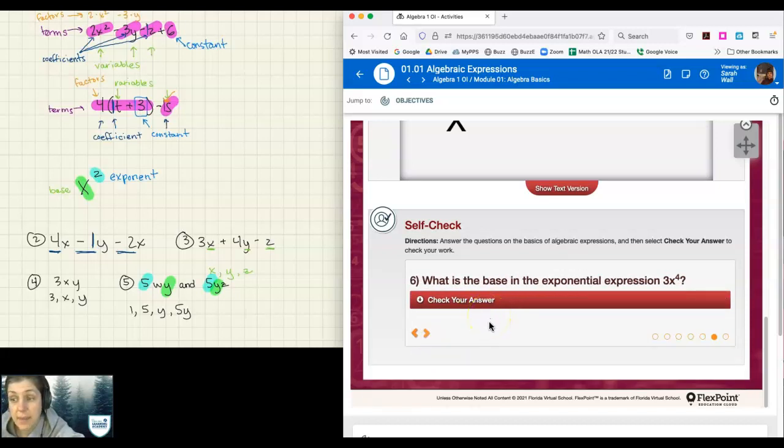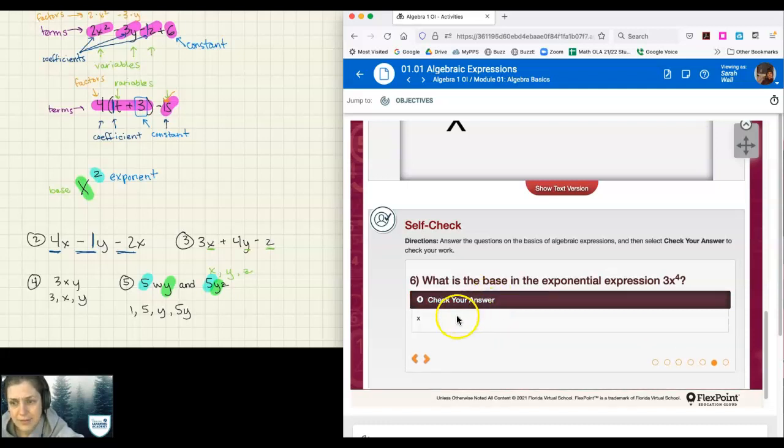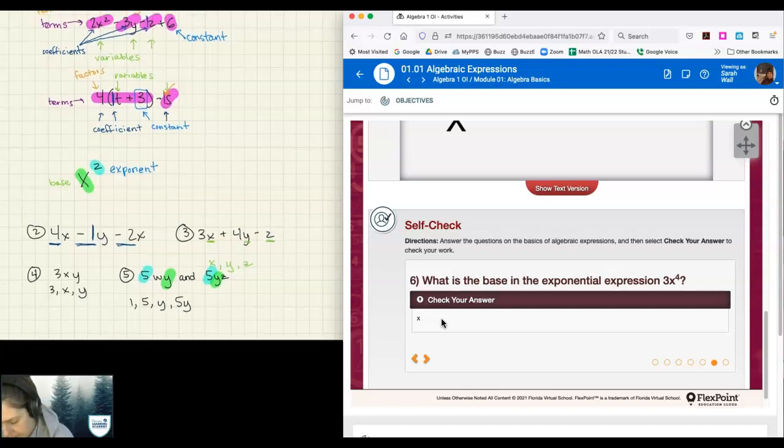Oh, what is the base of the exponential expression 3x to the 4th? Is it x? Look at that. It was x. And the reason that it's x, okay, this is a fancy thing. Ooh, I'm running out of room. Okay, we're going to come over here for 6.